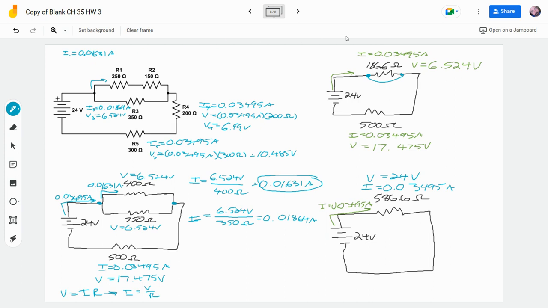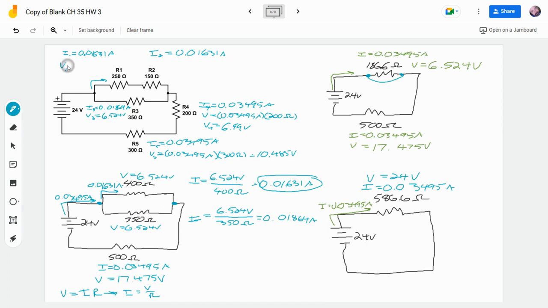That's also going to be what I2 is, because that current's going to come through here, through R1, then it's going to go through R2. So I2 over here is also 0.01631 amps. All right, so I know the R's, I know the I's, I can get the V's.